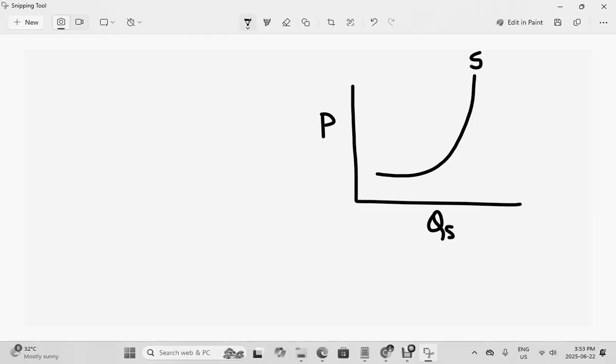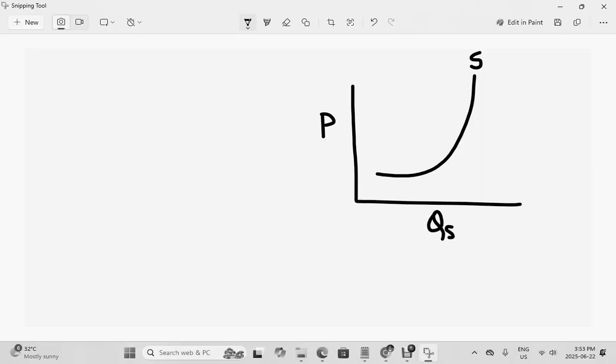As the price goes up, or as the cost of production goes down, for example, the supply goes up, which means quantity supplied will go up. The price will keep going up as well, because as the quantity supplied goes up, the supplier is selling it for a higher price.